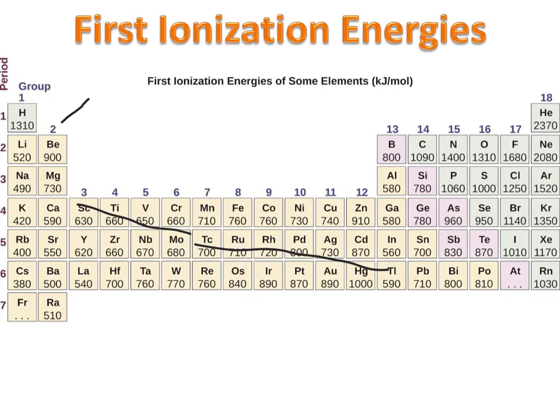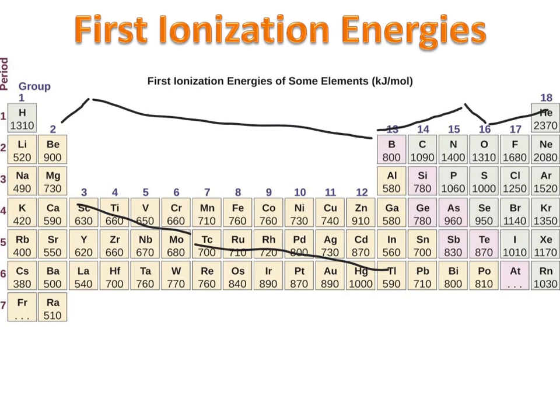But then there is a slight decrease over to group 13. See here, beryllium is at 900, boron is at 800. It will then start increasing to nitrogen, and after nitrogen decreases and then finishes increasing across the periodic table.